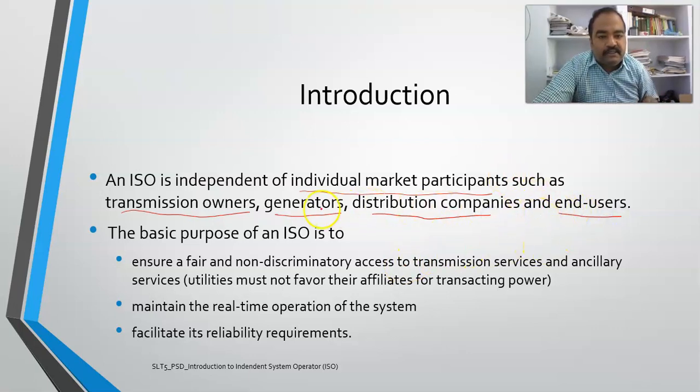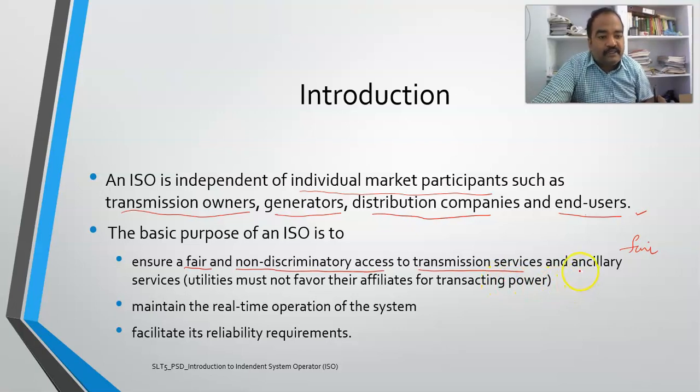These are the predominant market participants, and the ISO is independent of all of them. As we have already discussed, the basic purpose of an ISO is to ensure fair and non-discriminatory access to the transmission lines.